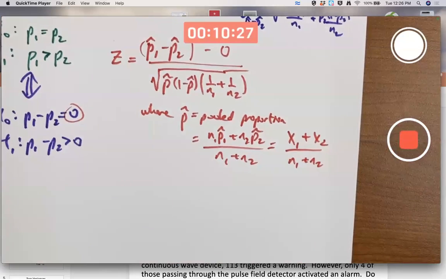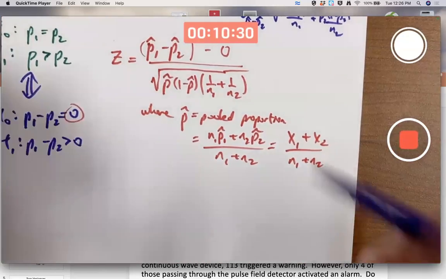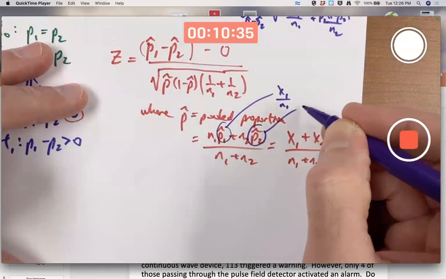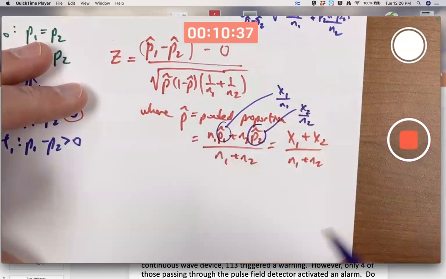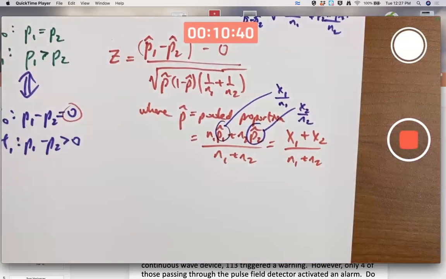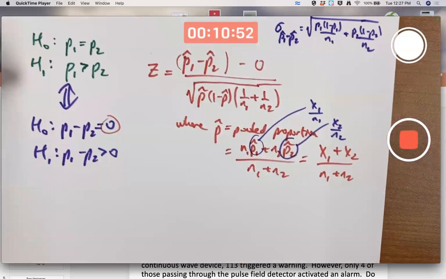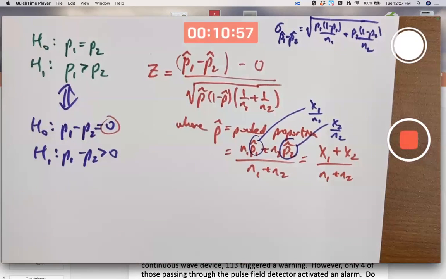Those give you the same thing, because P1 hat is X1 over N1 and P2 hat is X2 over N2, and if you cancel out the N1 and the N2, it simplifies to that. Either formula is okay to use, and you should get the same answer either way. You are effectively combining the two samples into one big sample. If I'm giving the null hypothesis of equality the benefit of the doubt, then why not combine the two samples to get a big sample as my best estimate for the common value of P1 and P2?